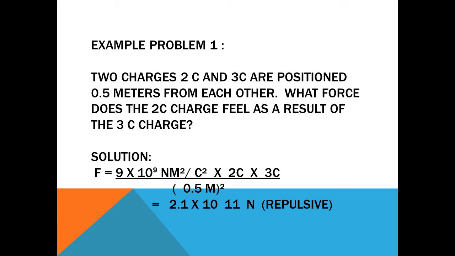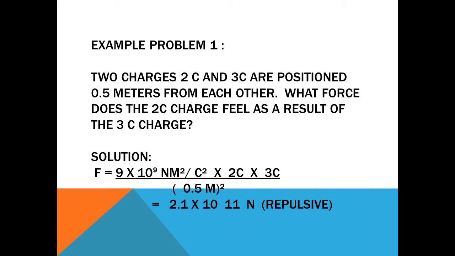So, using now the Coulomb's law formula, where F is equal to k times Q1 times Q2 over r squared, where k is 9 times 10 to the 9 newton square meter per coulomb square, times positive 2 coulomb times positive 3 coulomb divided by 0.5 meter raised to the power of 2. Using your calculator, your answer should be 2.1 times 10 to the 11 newton, which is repulsive.